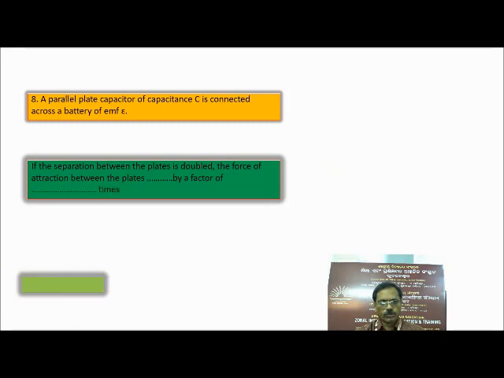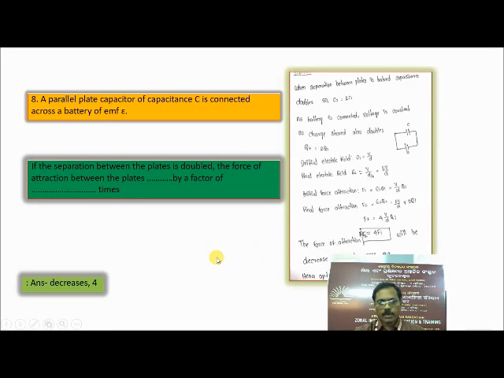Here also the force of attraction between the plates is asked. So what will be the answer? The separation between the plates is doubled. When d is doubled, the answer will be that the force of attraction between the plates decreases by a factor of 4 times. Let's see this explanation.